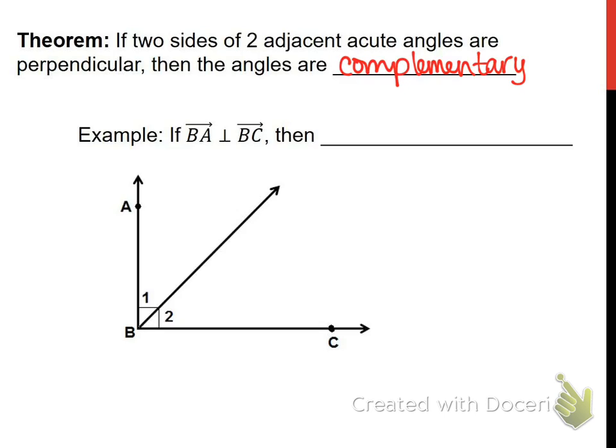So if we know these are perpendicular, then we could just say angle 1 and angle 2 are complementary. We could say the measure of angle 1 plus the measure of angle 2 is equal to 90. Angle 1 and angle 2 are complementary.